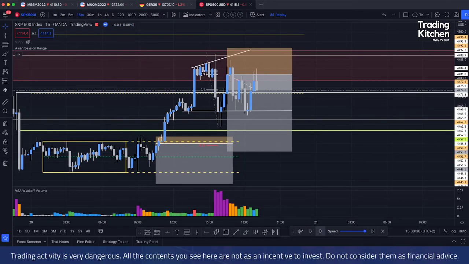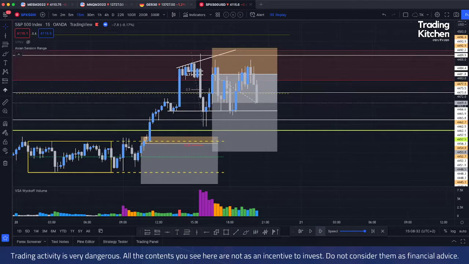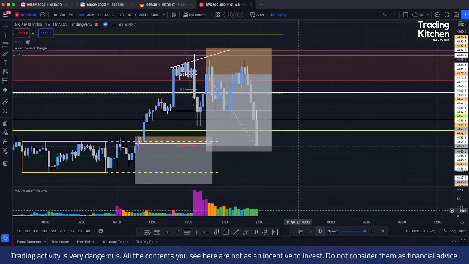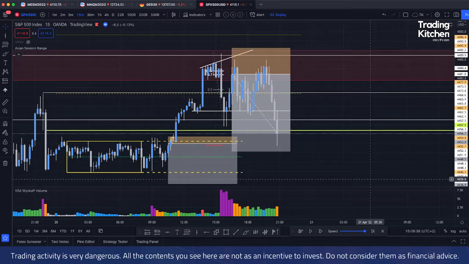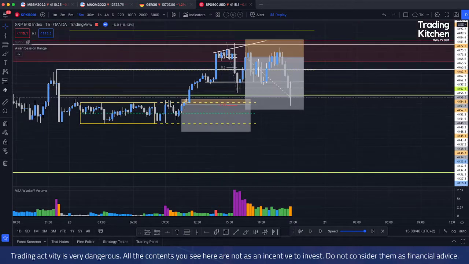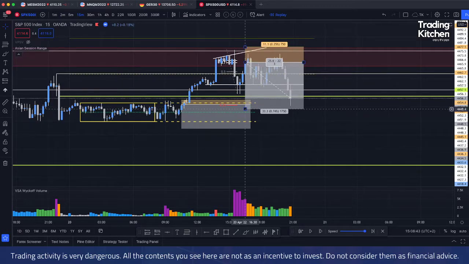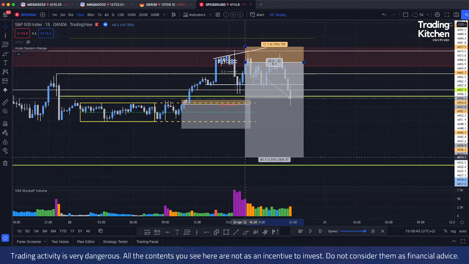Okay, so finally price break the structure. Okay, finally price break the structure. And so I will now, if I don't see any kind of setup, I will move my TP on 1.6, because I have half a size.